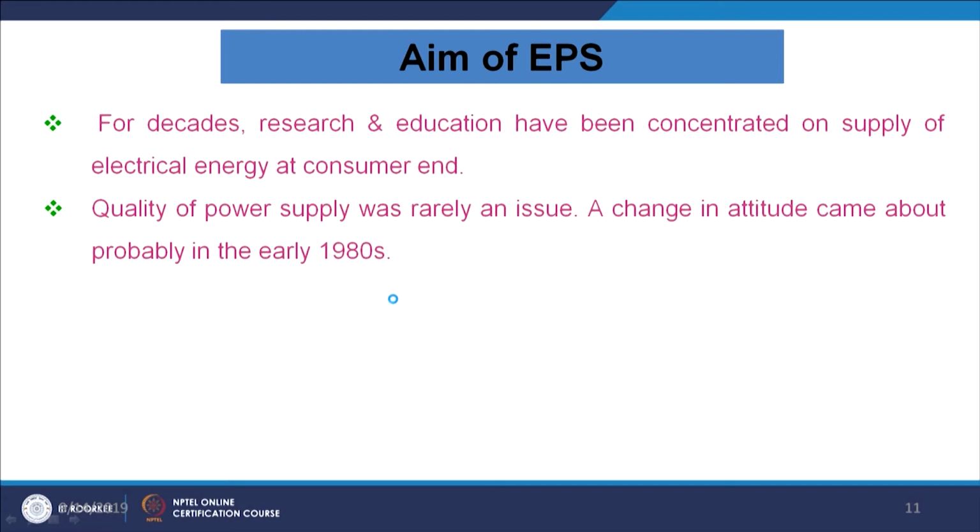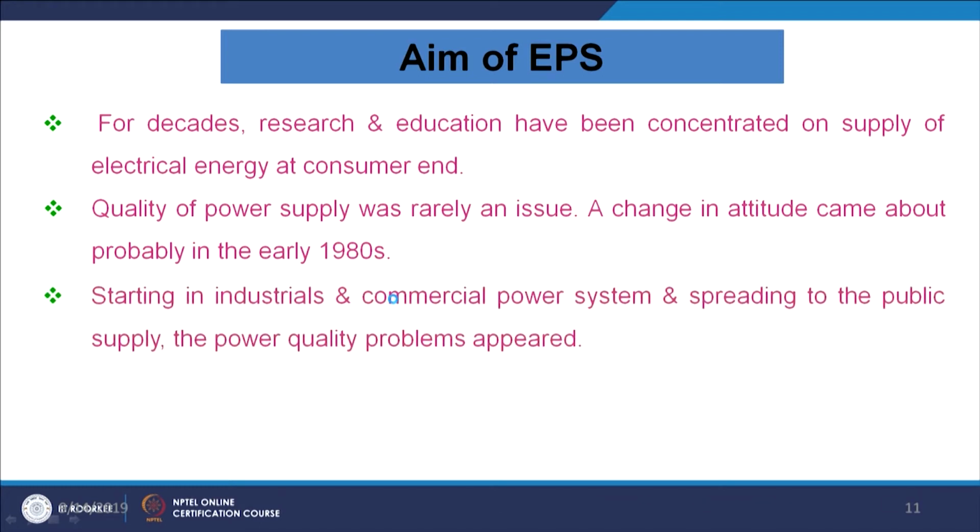The change of attitude came with adjustable speed drives in the 1980s, starting from industrial and commercial power systems and spreading to the public supply, and the power quality problem also appeared. If it is government-run, we do not have a problem. Now we have multiple power suppliers run by private agencies, and they are charged commercially. For this reason, they have a liability to give you clean power, and you also have to pay more for it.